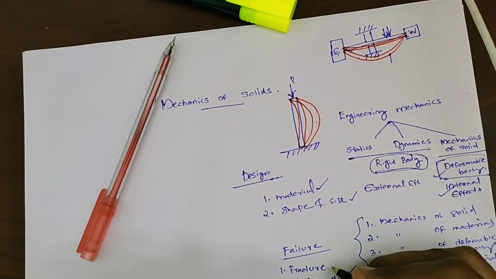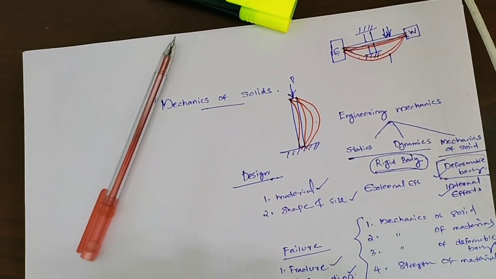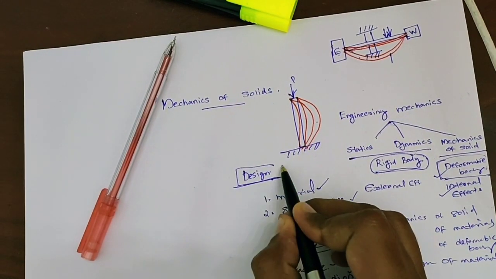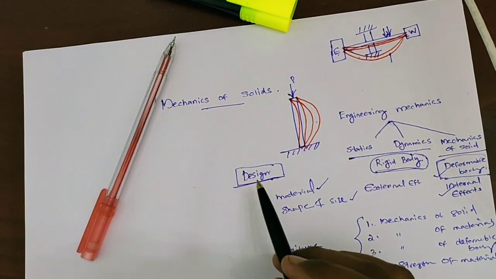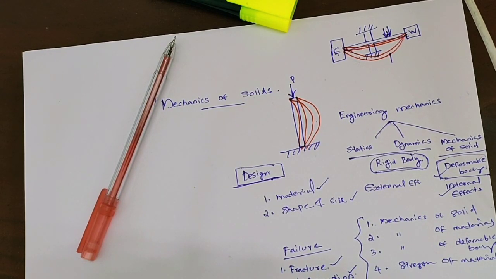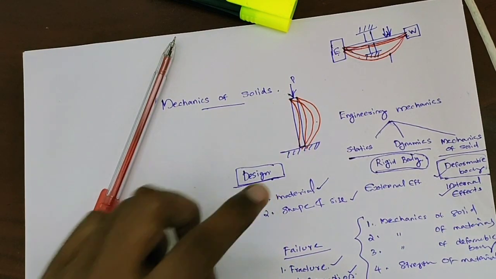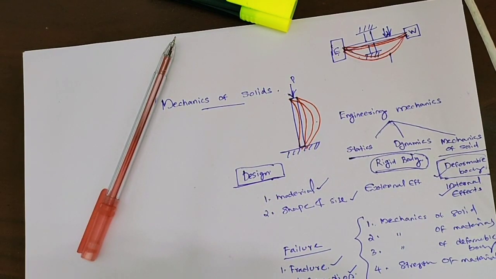These are the three modes of failure: fracture, severe deformation, and unstable conditions. While designing any structural member, we should ensure that it does its intended function without any fracture, severe deformation, or unstable condition. For that we should select a suitable material and proper dimensions for the shape and size. That is the design process.